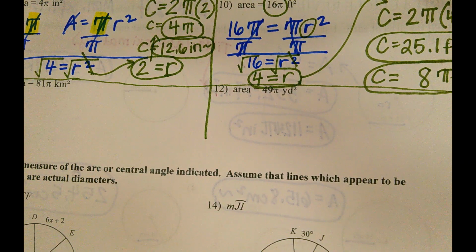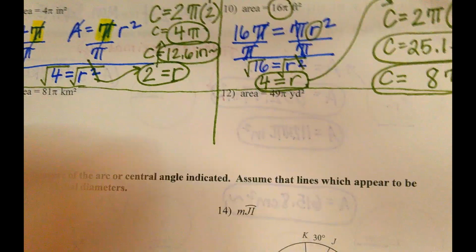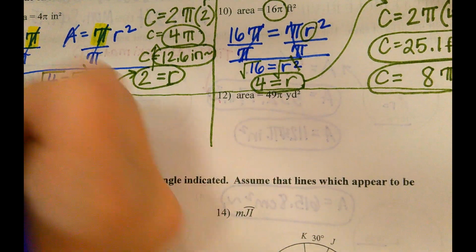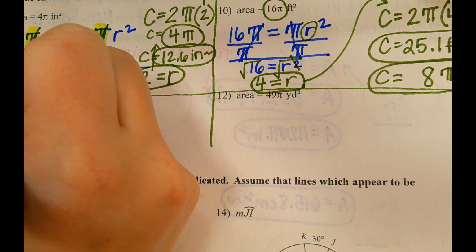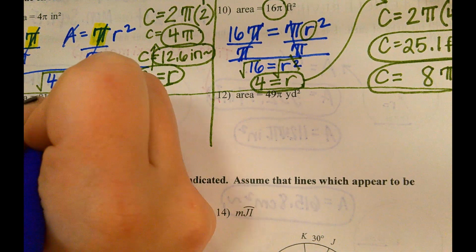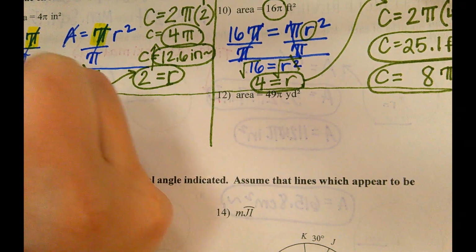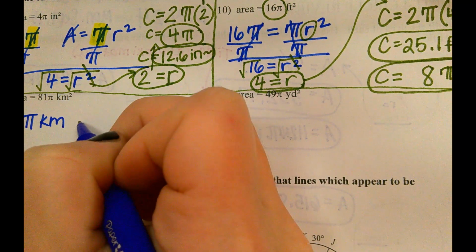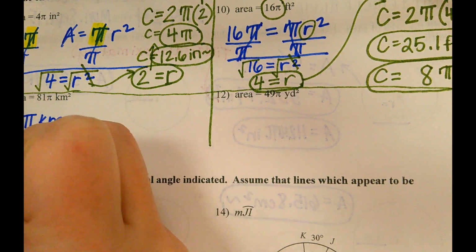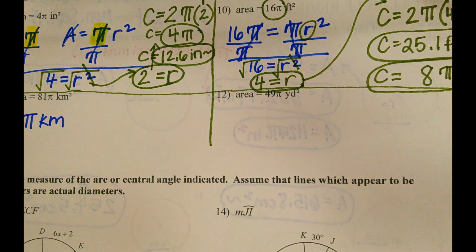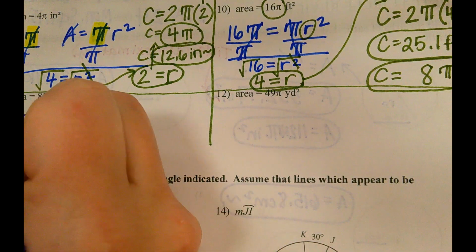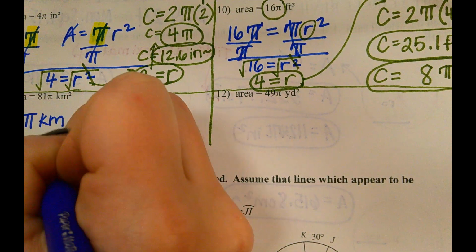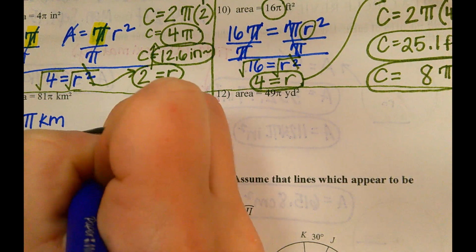Okay, perfect. All right, number 11, an exact answer would be 18 pi kilometers. An approximate answer would be approximately 56.5 kilometers.